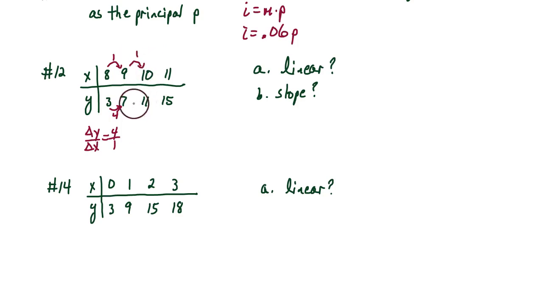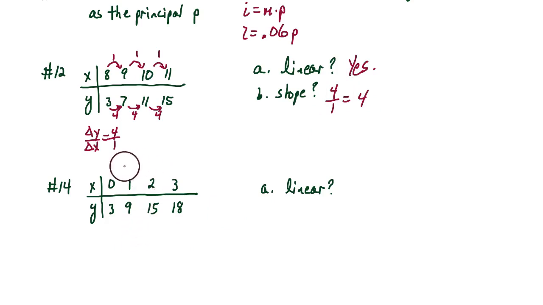When it changes by 1 unit, this one changes by 4. Still 4 over 1. And from here to here it changes by 1 unit, and from here to here it changes by 4. That's still 4 to 1. There is a constant rate of change, so we're going to say yes, it's linear, and our slope is 4 to 1, or simply 4.